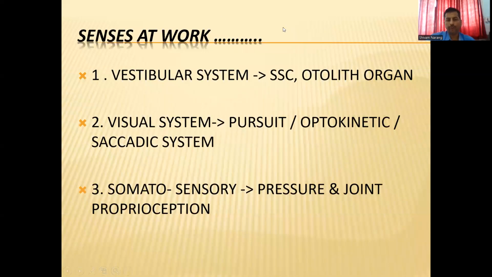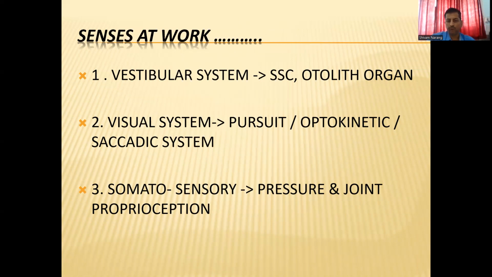Now, the first part is how do we sense the change in the posture of our body. There are three main sense organs that are continuously at work. The first is the vestibular system, which includes semicircular canals and otolith organs. The second one is the visual system.